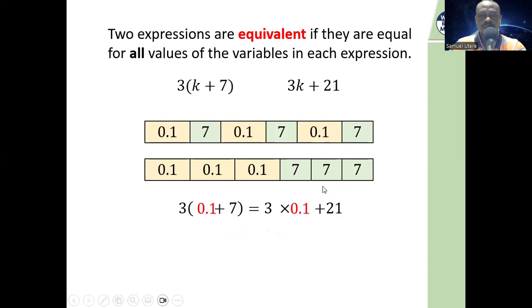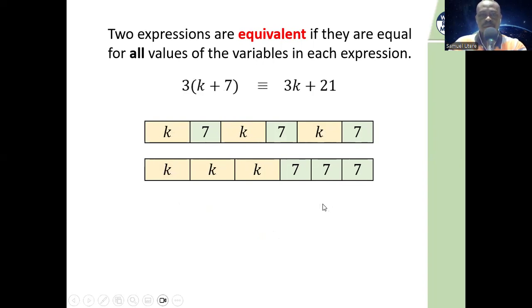What about this one? Same results. Now, because they are equivalent, the way we show it in algebra is we use 3 horizontal lines. So remember, when they say state equivalence, this is how it is shown here.